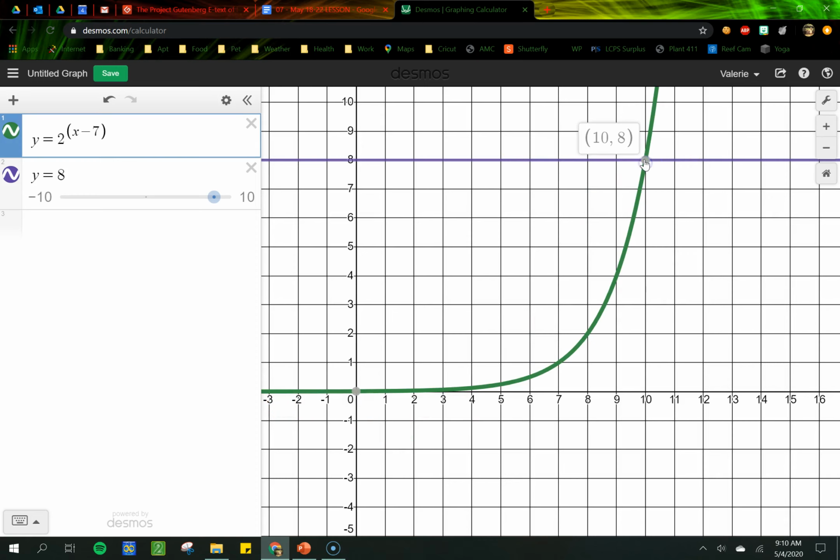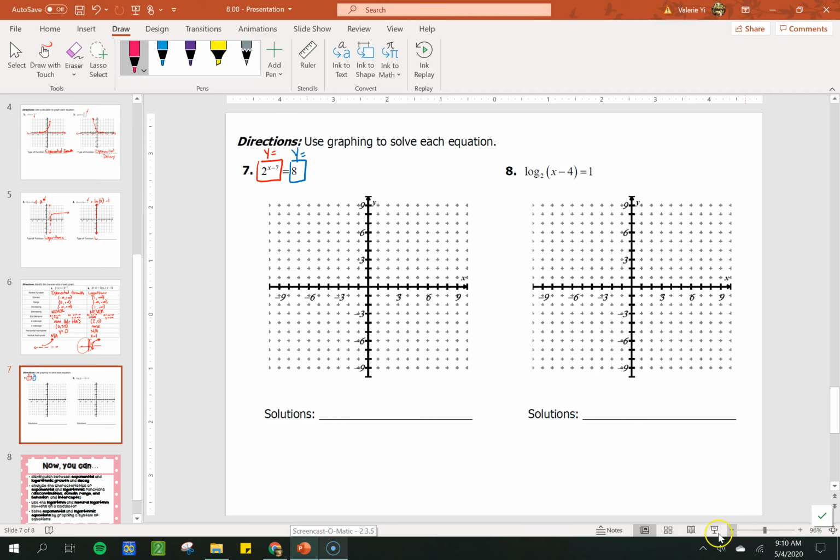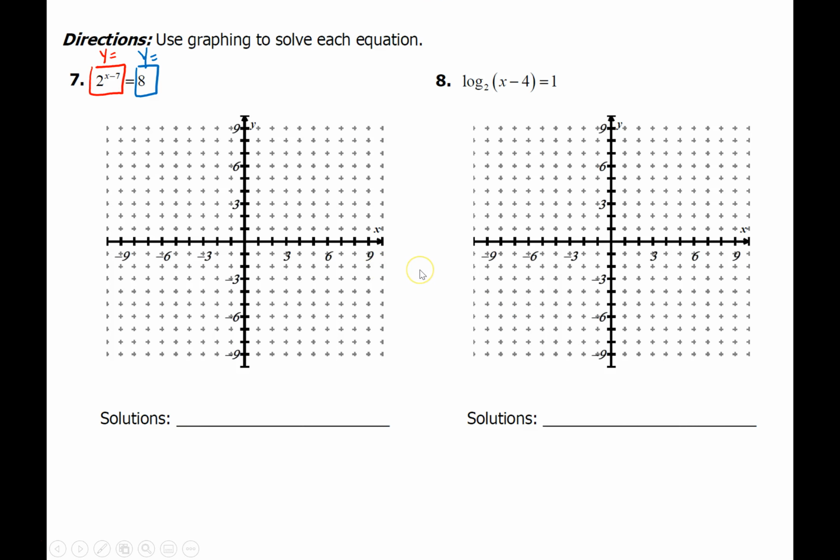The point where these two lines intersect, 10, 8, that x value, x is equal to 10, that's the solution to the equation.